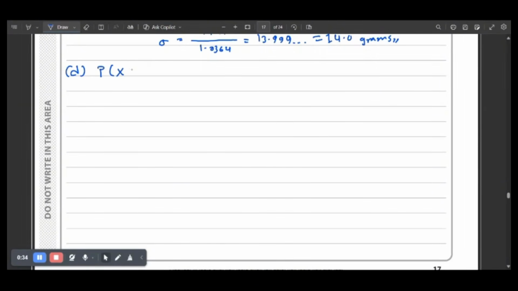So the probability of x being greater than k can be written as the probability that z is greater than k minus 502 divided by the standard deviation, which is 3. This gives us the standard value. So we can write it in terms of z.